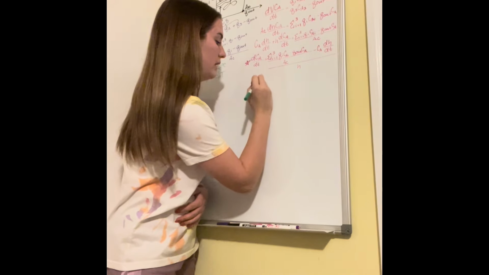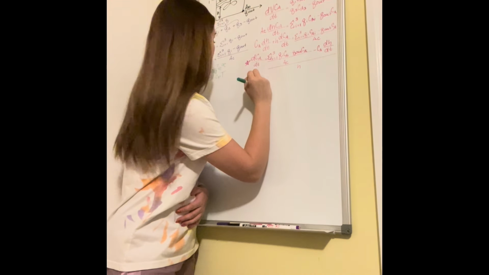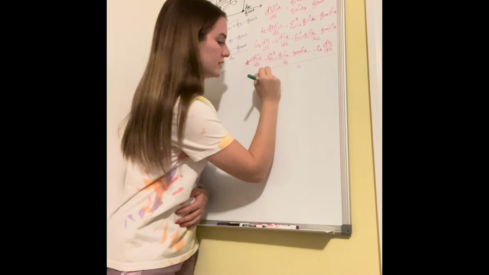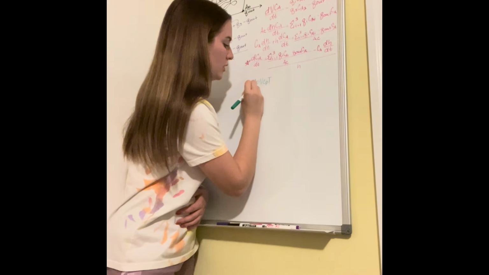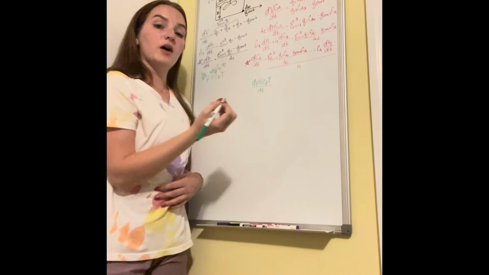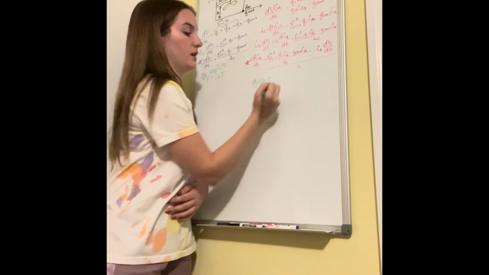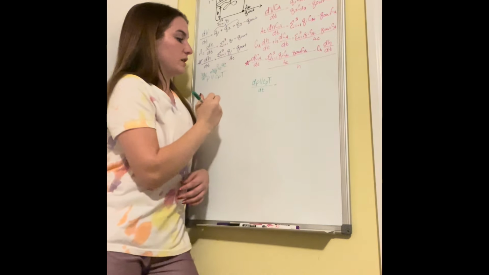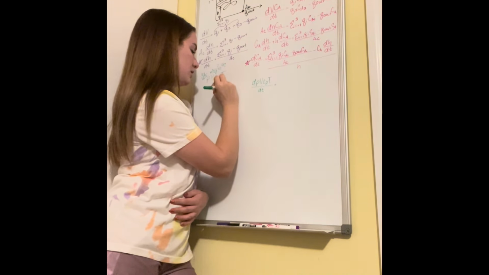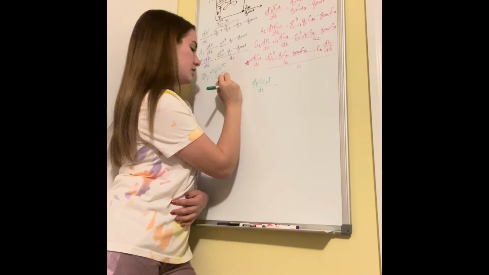So we can say that our density times our volume times our heat capacity times our temperature over the change in time. So now we need to look at the right-hand side of our equation, and we can say that this is our density times our heat capacity times our temperature.